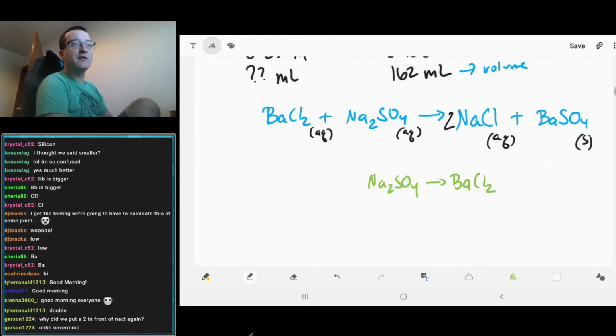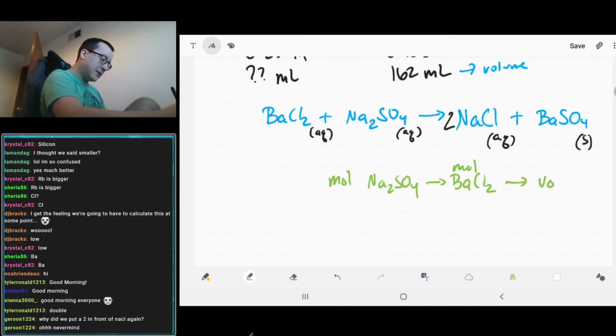That is one conversion we're going to do. So, we remember the only thing we can change between substances is moles. We have to have moles to go in between 2 different substances. We know the question is asking us for volume of barium chloride solution.